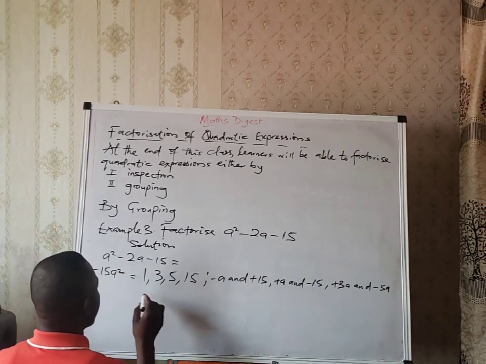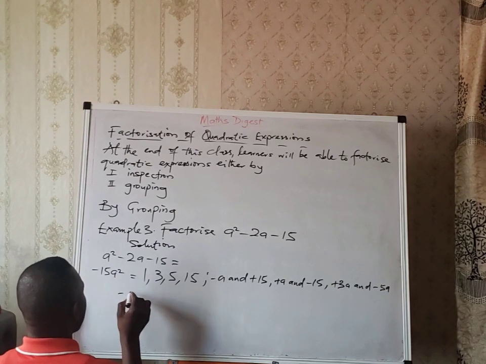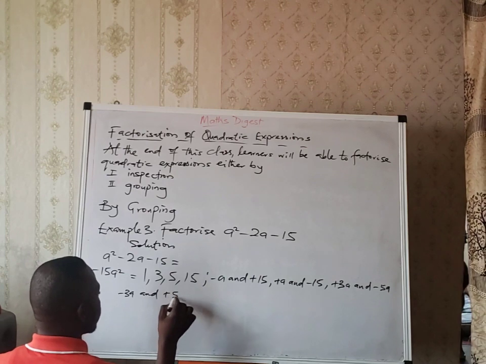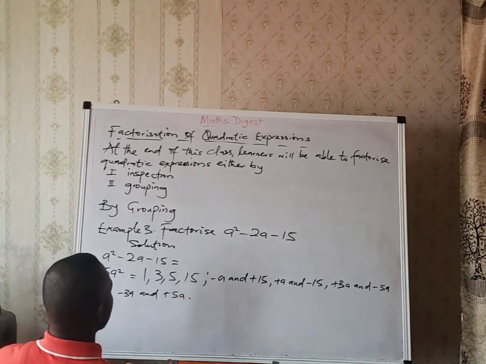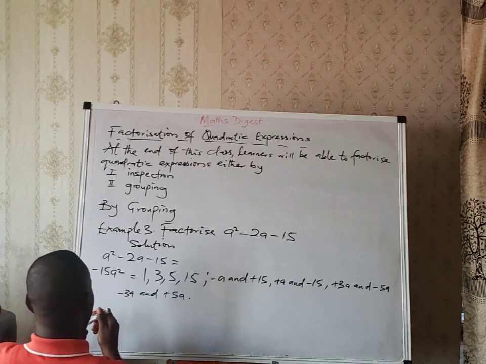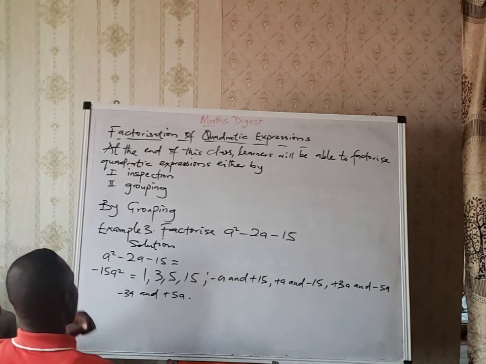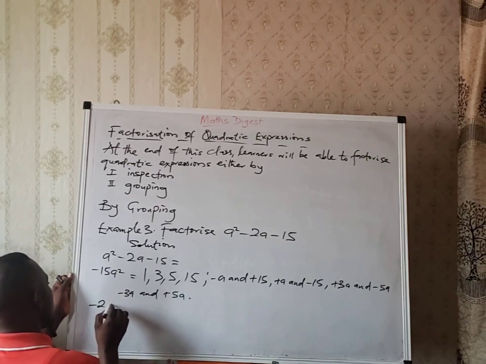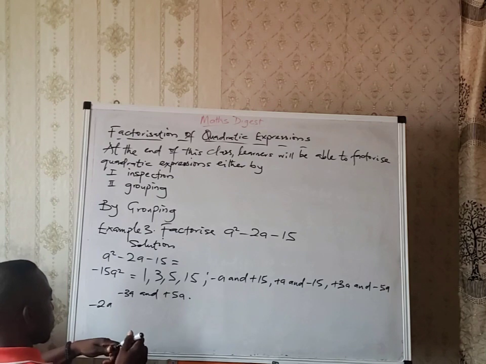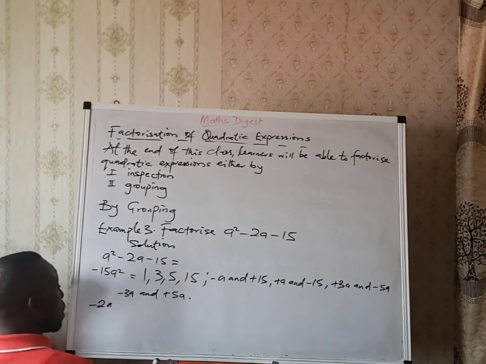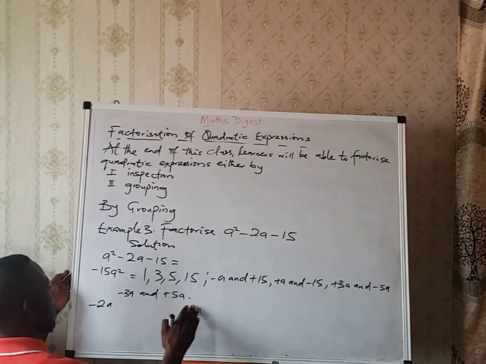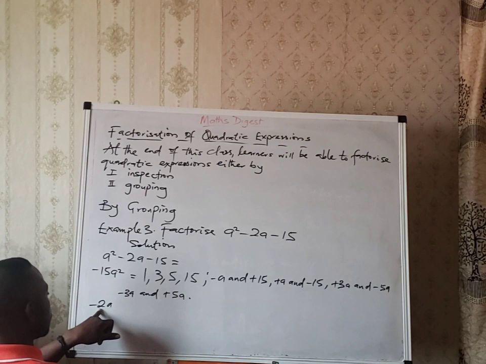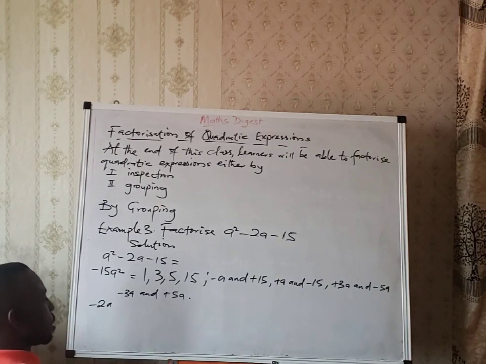We also have minus 3a and plus 5a. When you multiply any of them, it will give you minus 15a. Now we consider minus 2a. How do we get minus 2a? When you add any of them, the one that gives you this will be the desired combination.